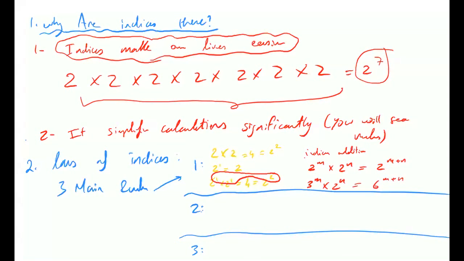This is incorrect. So this is the first rule, the addition rule. We add indices when they multiply, but they should have the same base.